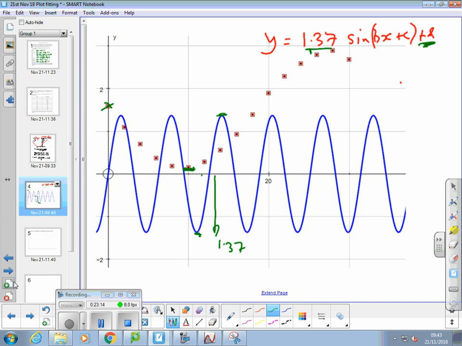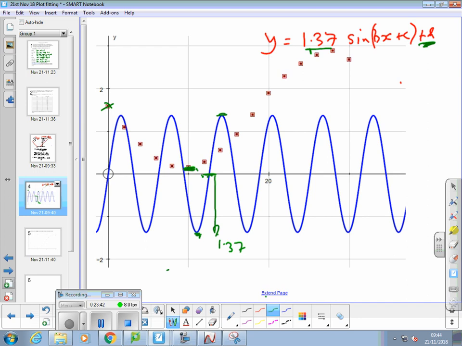Forget about it not being in the right place along the x-axis at the moment, left and right. We want to get this peak from there to there. Because the centre of the waveform is currently on there, it must be 1.37 plus the bottom data point. That's going to shift that peak from there to there, isn't it?